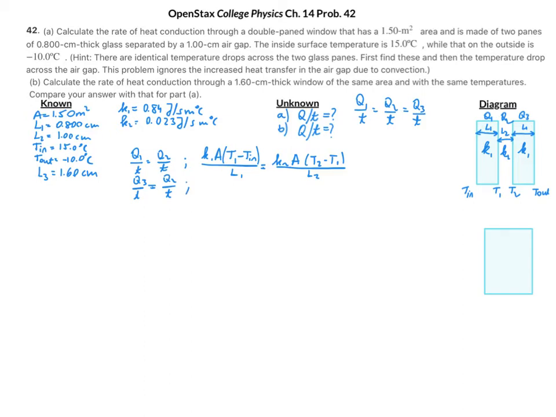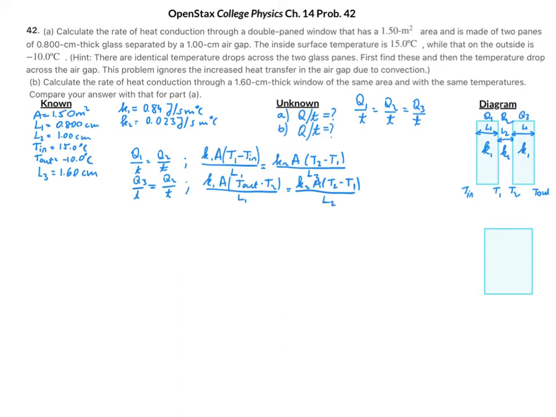Then for this second equation, we have K3, which is the same as K1, it's for glass, so K1 A, and the temperature difference is T out minus T2, divided by L1, same thickness as the previous pane of glass, and that's equal to the same that we have above here, K2 A (T2 minus T1) divided by L2.